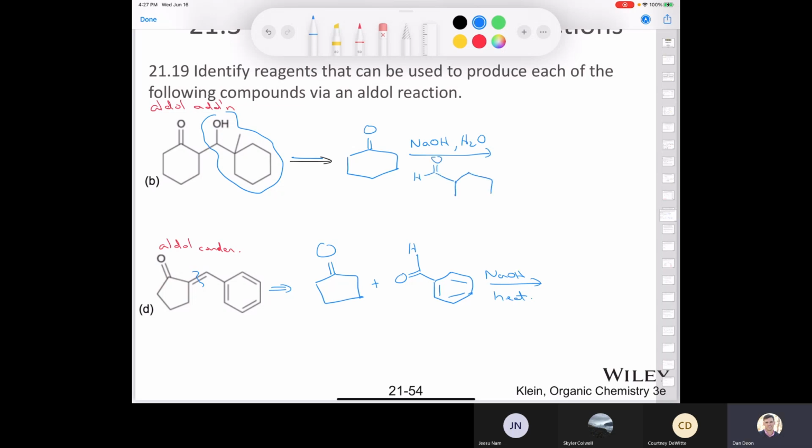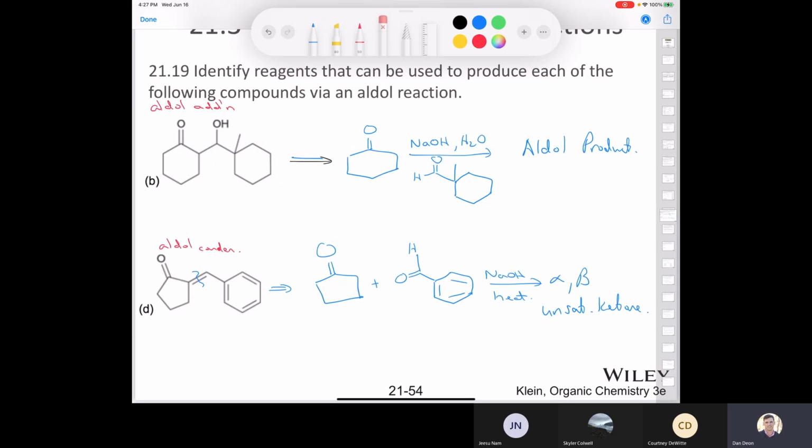Should be this. I'm just drawing it a little neater than I had the first time, like that. And that would give us our aldol product. So aldol product. And over here, we end up with the alpha beta unsaturated ketone.